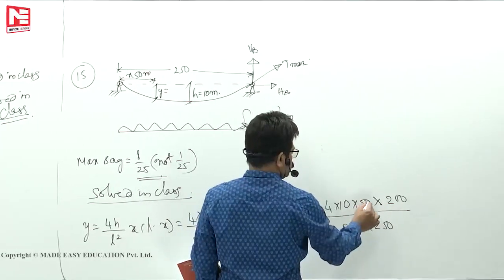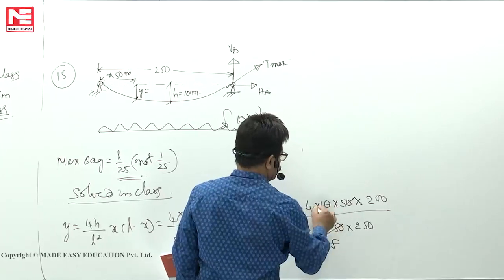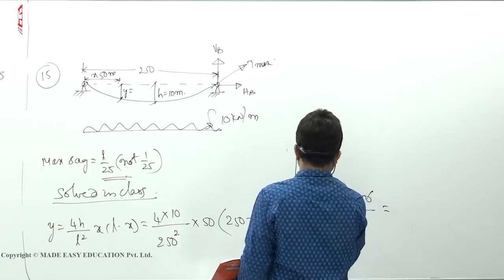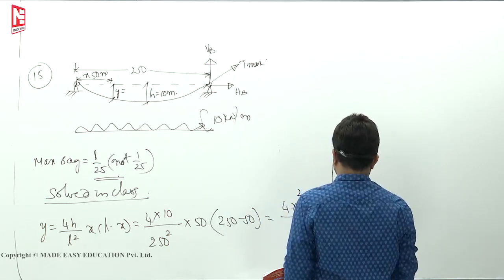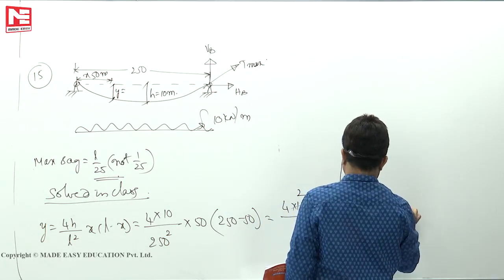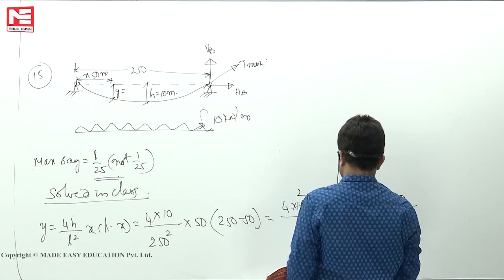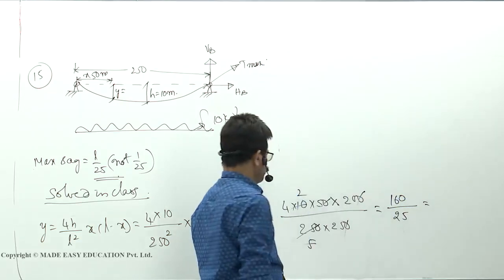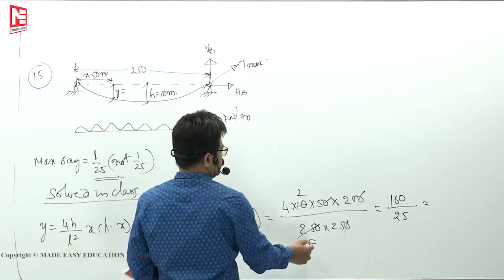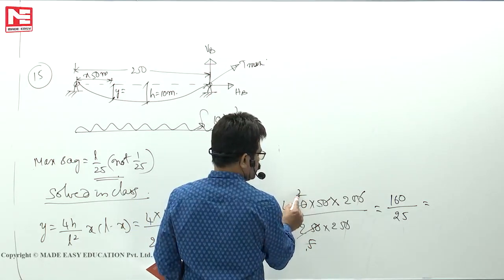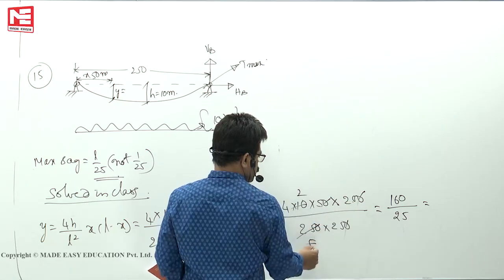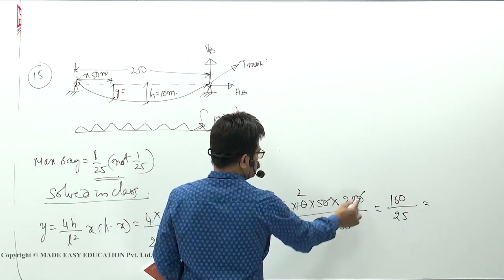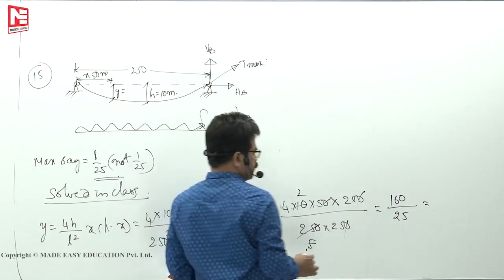Okay, so 50 into 5, 5 into 2, zeros cancel out. 160 by 25. 5 is done. 5 fives 25, 4 into 2 is 8, 8 into 2 is 160. So the zero cancelled out, 25 as it is we are keeping.